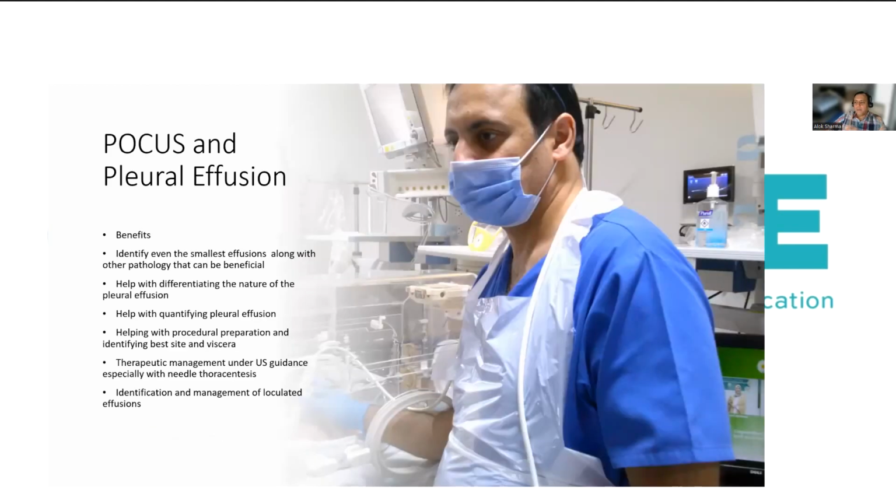Now, if I talk about benefits, we talked about radiation exposure, but there are benefits we can get from ultrasound that a chest X-ray would not be able to tell us. One of them is that we can identify small effusions. But more importantly, alongside small effusions, we are able to look at the lung pathology and differentiate a variety of different neonatal lung conditions.